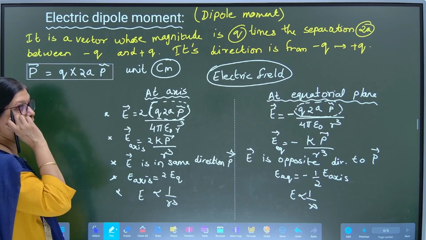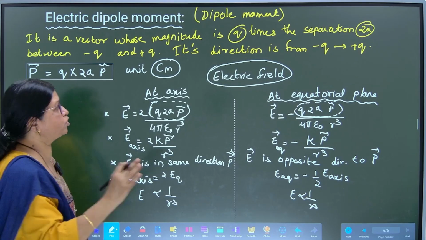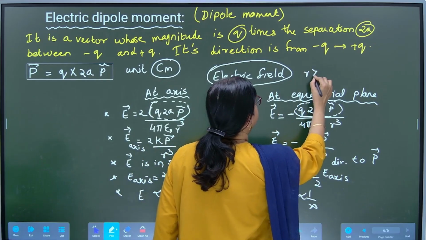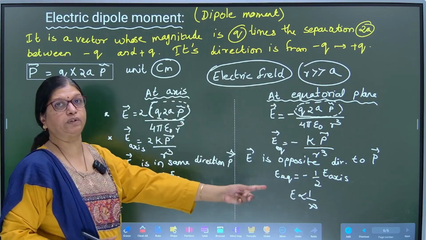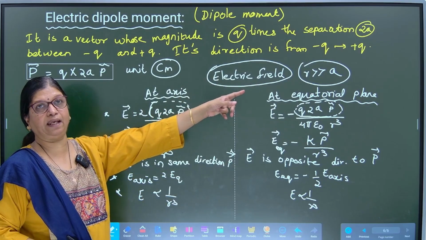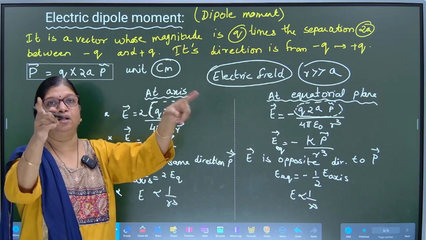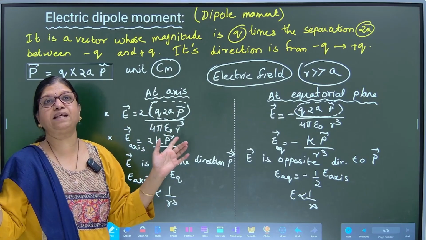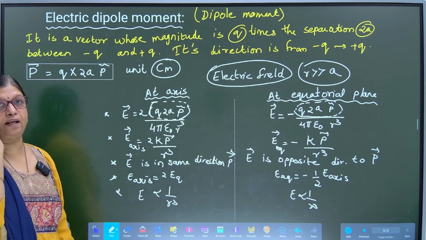They are all P by Qs, but the condition which has to be written in the question is R must be very much greater than A. Only then you follow this. So for R very much greater than A, that means the point which you selected is much greater than the length of the dipole itself or dipole axis itself. Then these conditions shall follow.